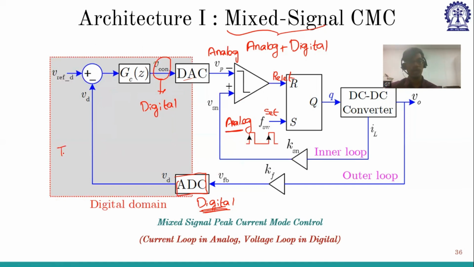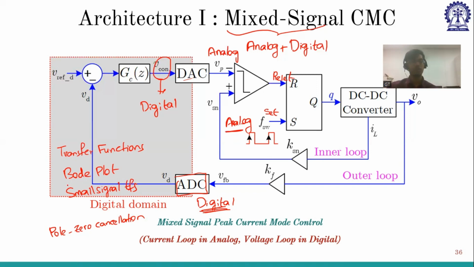You should know about transfer functions, Bode plots, small signal transfer functions, and controller design using a pole zero cancellation approach. These are all taught in the UG control course, so this basic knowledge should be enough.